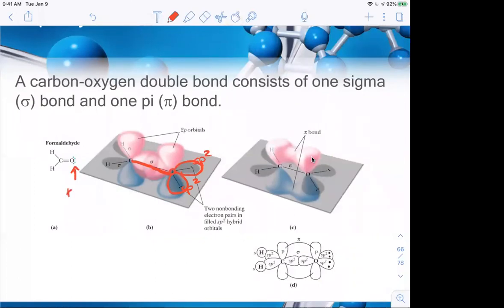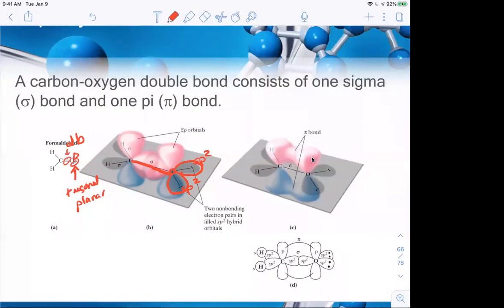Remember, that's also sort of trigonal planar because I have 3 electron clouds and I have a double bond. So this is the same hybridization. This oxygen is also sp2 hybridized.